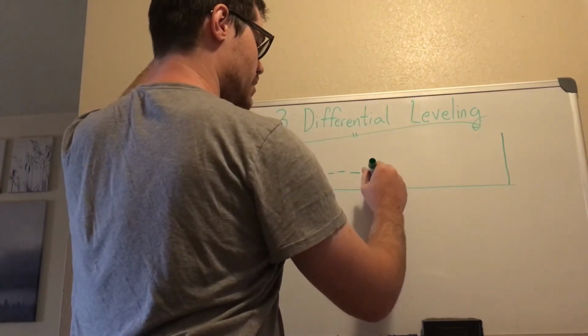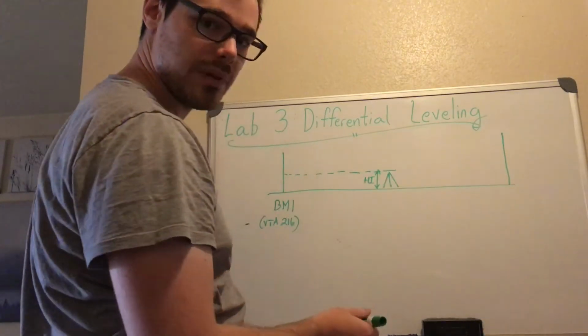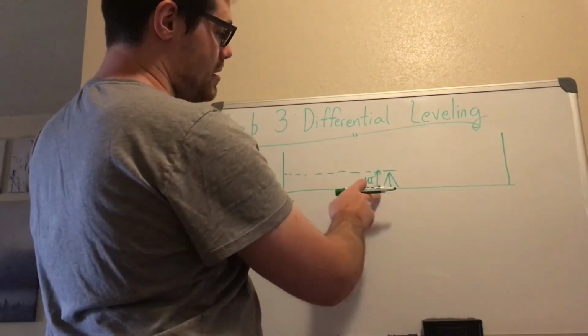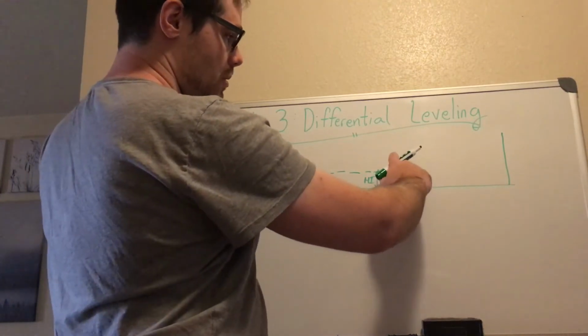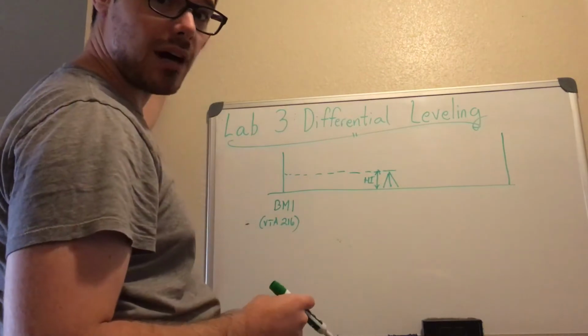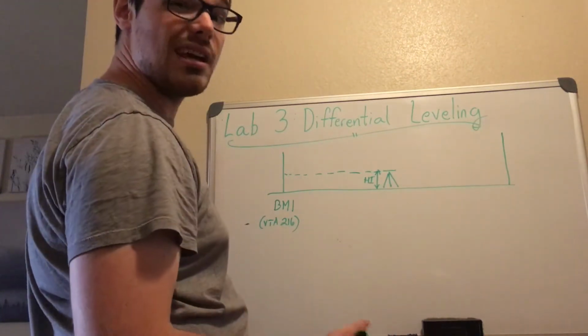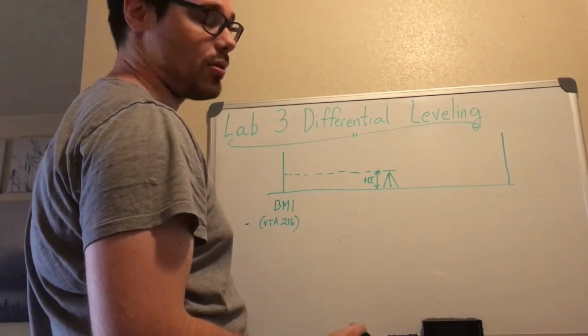We've got this one here, which is HI, height of instrument. It's the distance from the ground to the center of the lens of our level, or if we have a total station, it's still the center point of the lens in the total station.